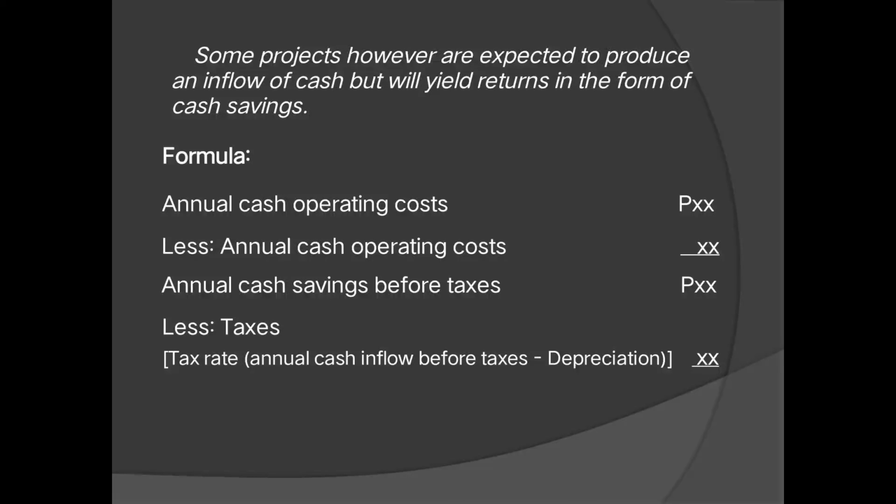Then, ililess natin yung taxes nun. And para makuha yung taxes, kailangan nating i-less yung depreciation from the annual cash inflow before taxes, then multiply by the tax rate. And makukuha na natin yung annual cash savings after taxes.